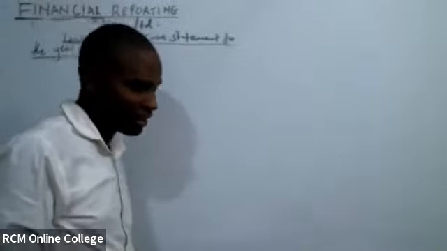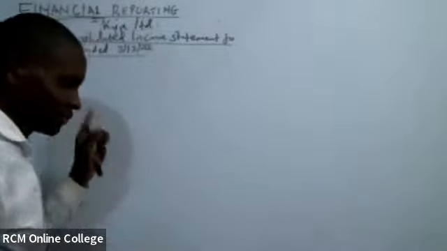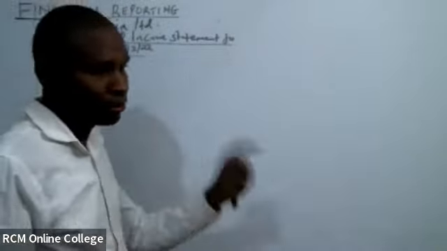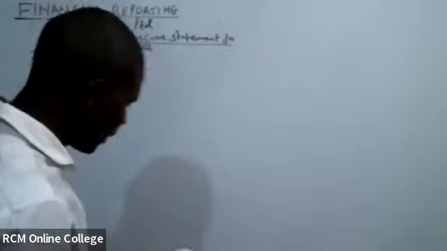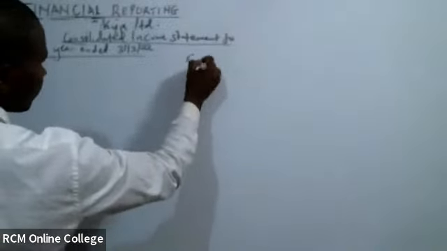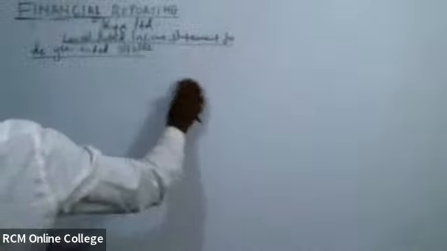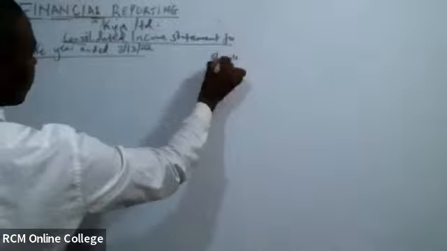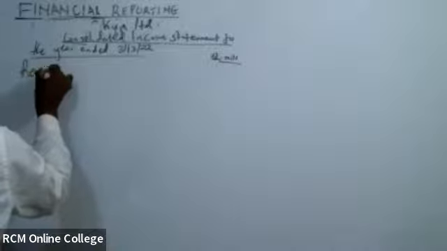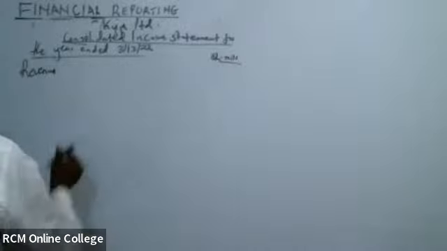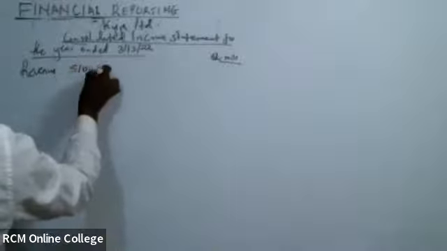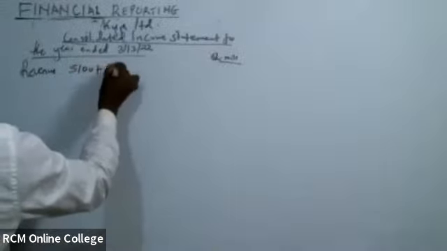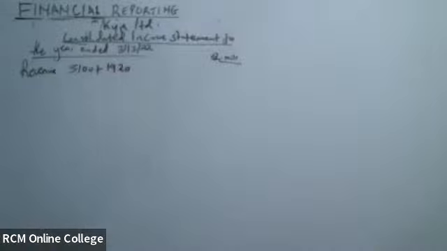Once you know this, class, please, even in your exam, just go direct to this. Start posting. I have revenue. My figures are in millions. Revenue takes the parent's 5100, and I add the other one, 1920. Then I go next.